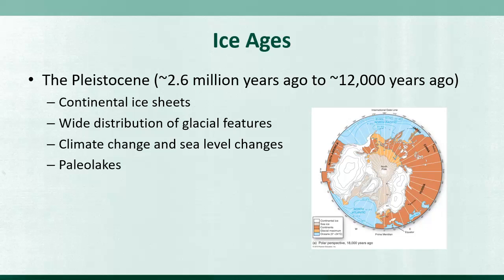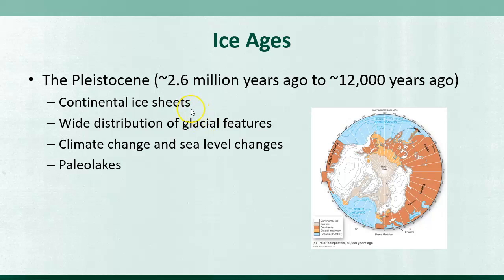The Pleistocene took place from about 2.6 million years ago until just 12,000 years ago. It involved a number of epochs where ice grew and covered large portions of both North America and Europe and Eurasia as well, as you can see right here.